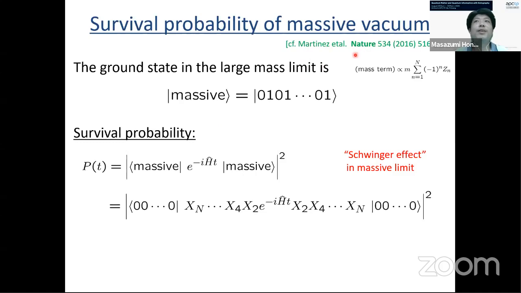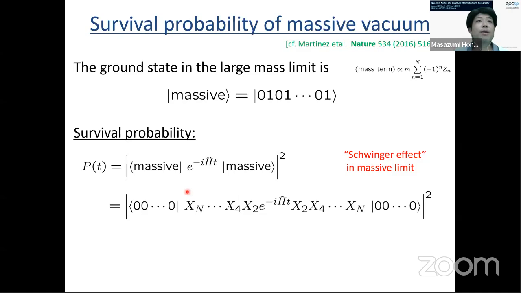And amazingly, this paper was published in Nature. Until I started this topic, I did not imagine that my research, my paper might be published in Nature, but this paper is published in Nature. And so let us consider the survival probability.